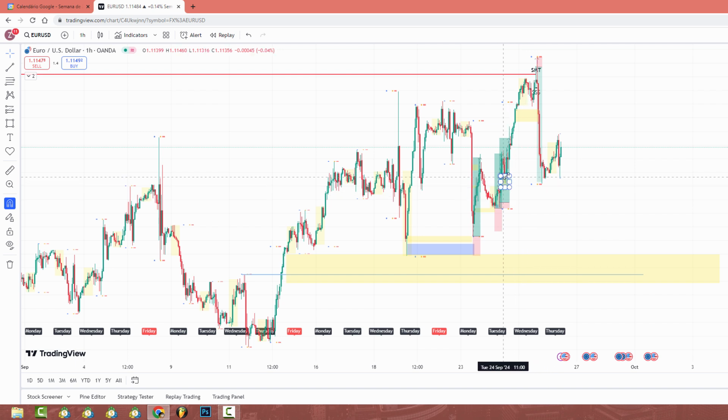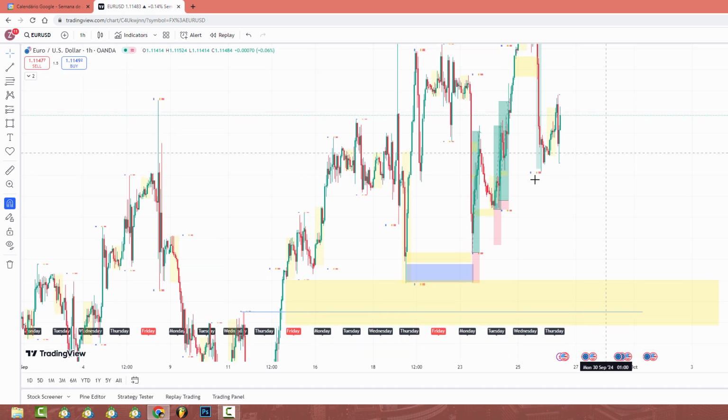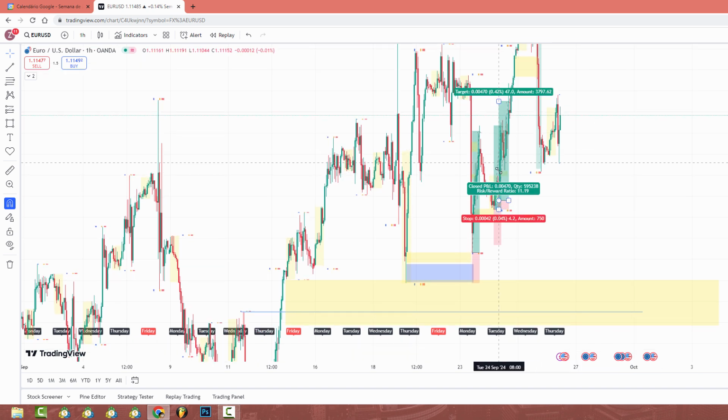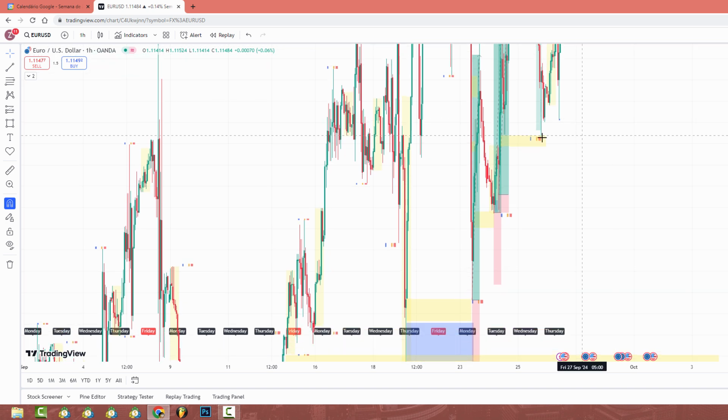But even then you can see, if I do it like this, price came to tag the imbalance, but it didn't come fully. It tagged all of this, but it still left this behind. And look what the price exactly tagged, spot on, a millimeter, an inch.